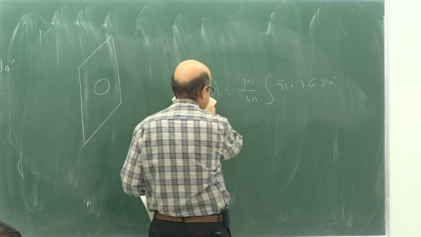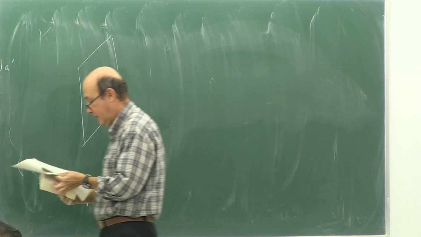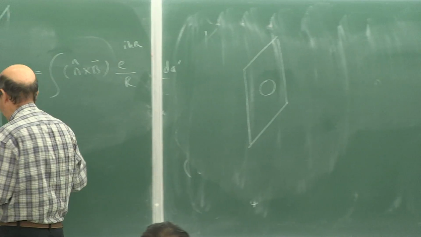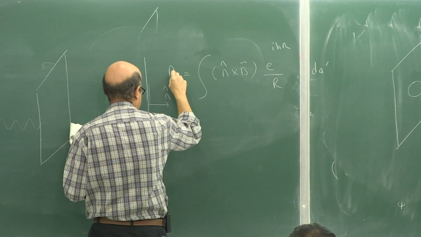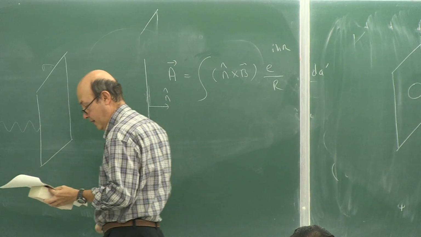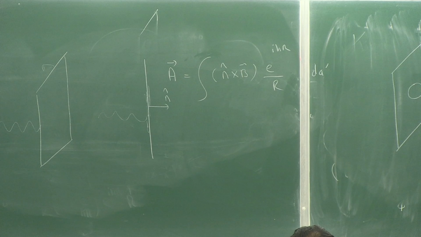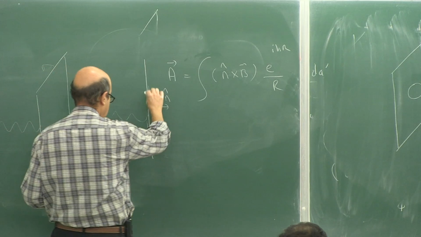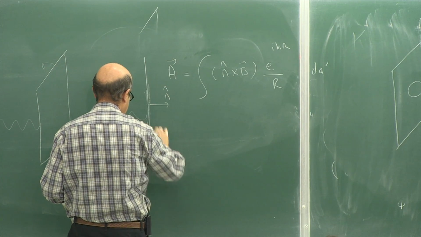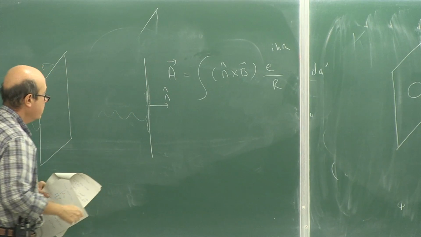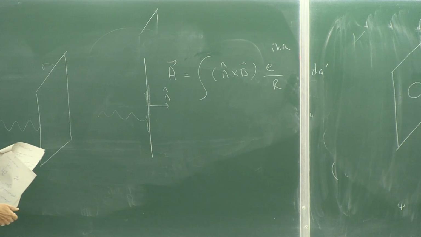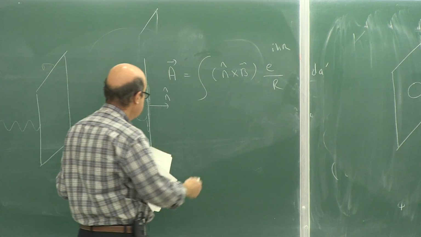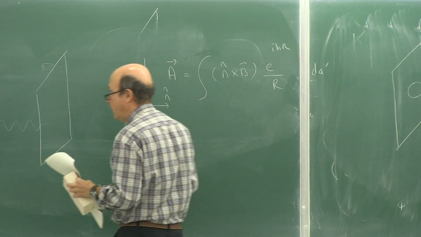So basically, you can call this a vector potential of the oscillating current density of, let's say, the perfect conductor. So is this satisfying any kind of boundary condition?